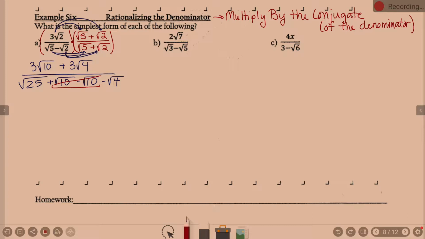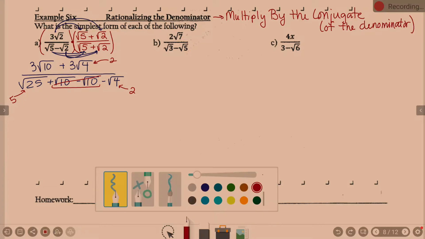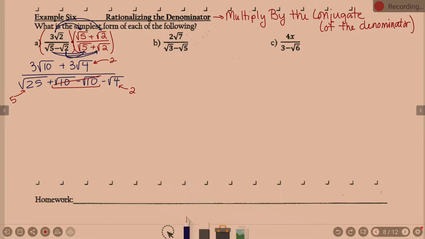What do you know about the square root of 4? It's 2. What do you know about this square root of 4 up here? It's also 2. So is there some cleanup I can do? Definitely. And that's the whole idea, because remember, we can't have a radical in our denominator in the end. So we've got to do some serious cleanup here.